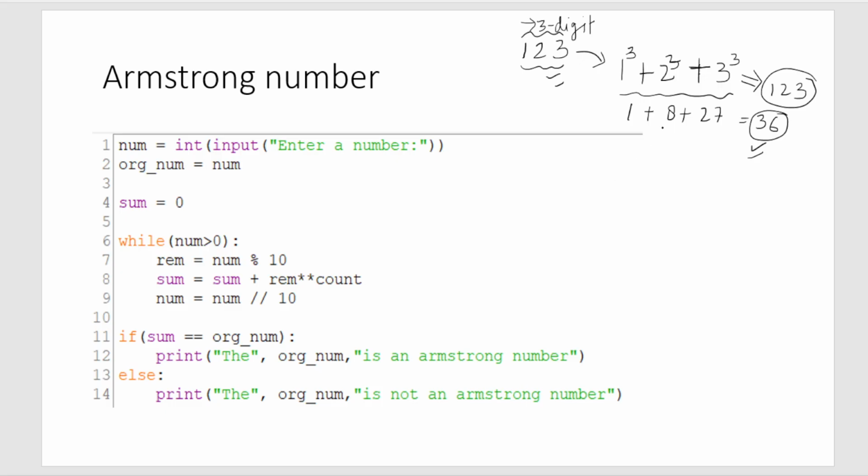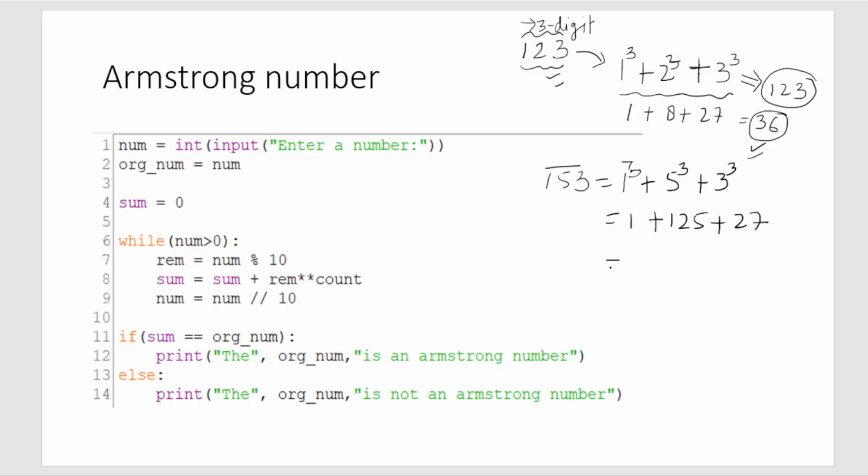So we will check one more number. Suppose the number is 153, right? Because it's a three-digit number, it will be cube of 1 plus cube of 5 plus cube of 3. Cube of 1 is 1, cube of 5 is 125, and cube of 3 is 27.